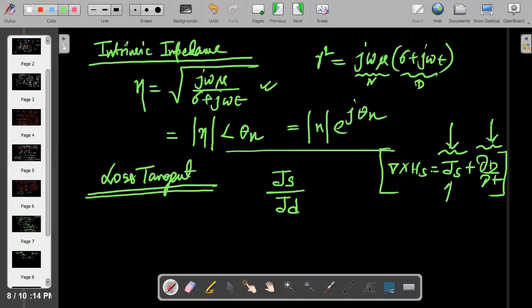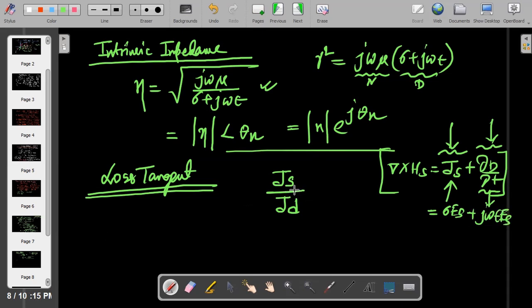Conduction current is because of the wires, resistance and all. That's why it is called conduction current. Displacement current means across a parallel plate capacitor, some displacement current is there. You please recall that one. And JS is what? Sigma into ES. And your del D del T is nothing but j omega epsilon into ES.